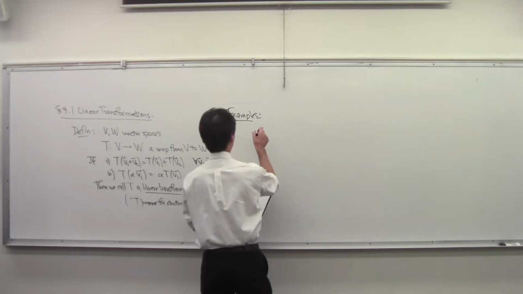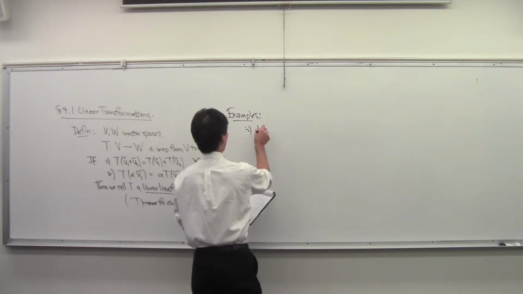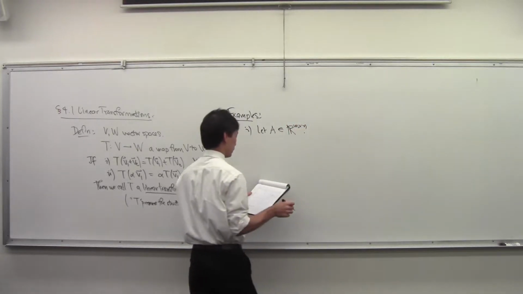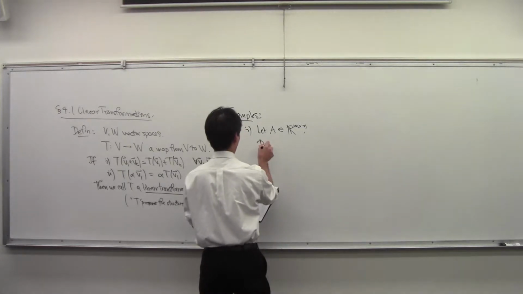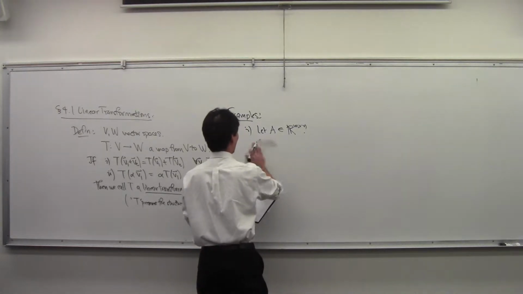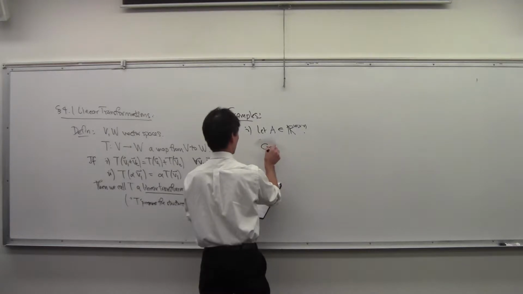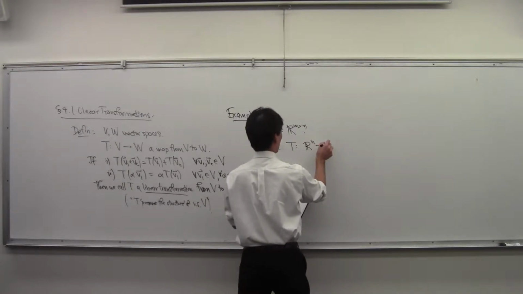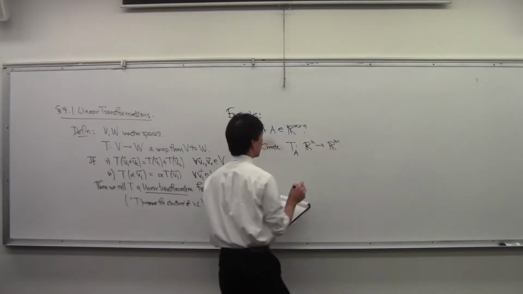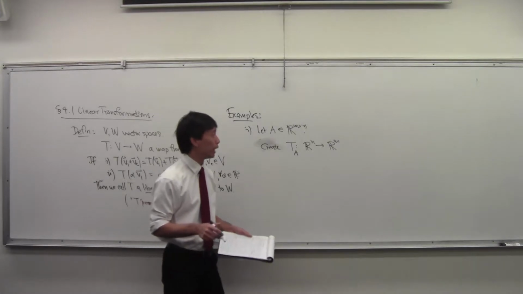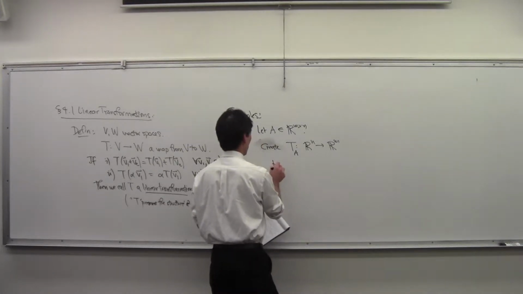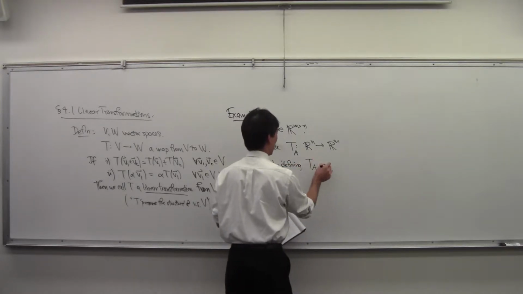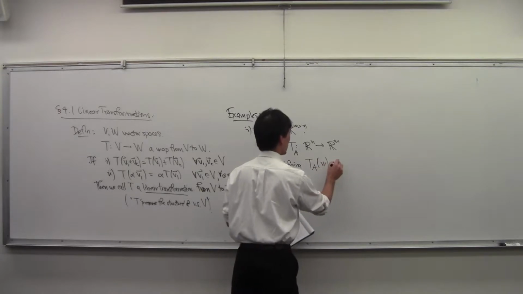So first off, let A be an m by n matrix, and let's create a map T sub A going from Rn to Rm by letting T sub A of your n-vector v just be Av.